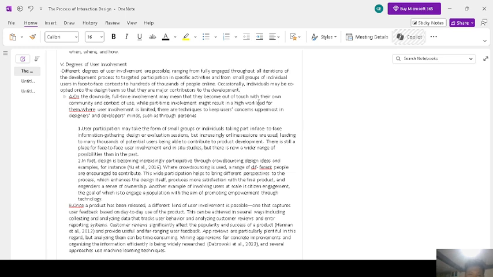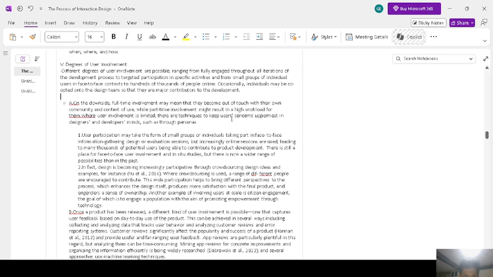So there are also different ways on how you would involve the user, from fully engaged to targeted activities during the iteration.